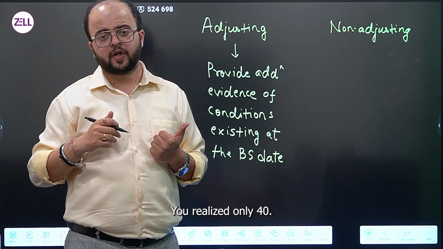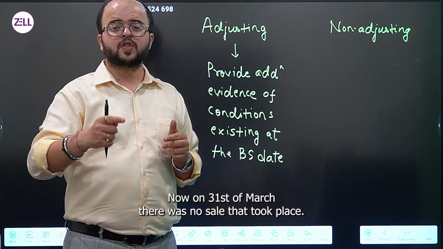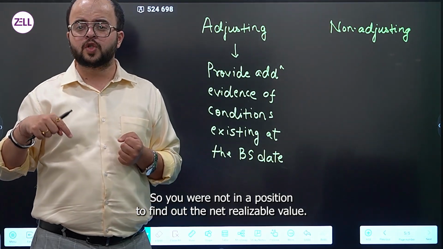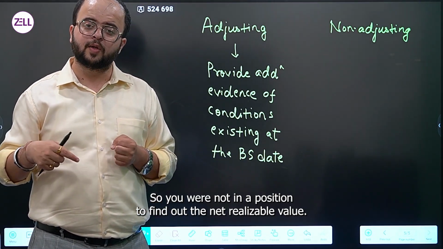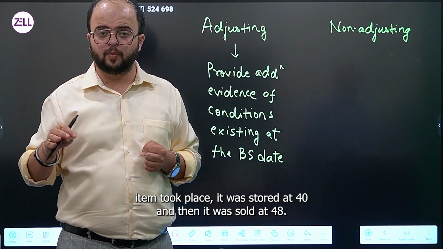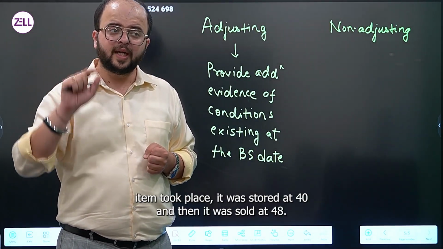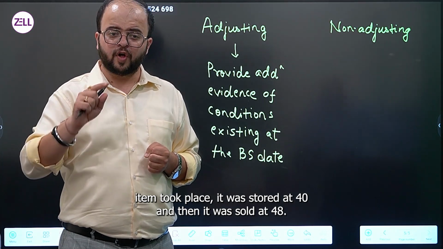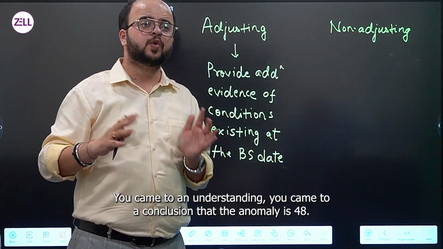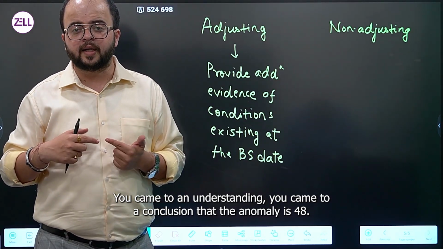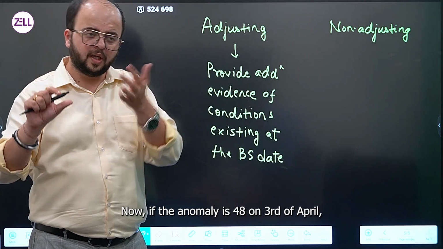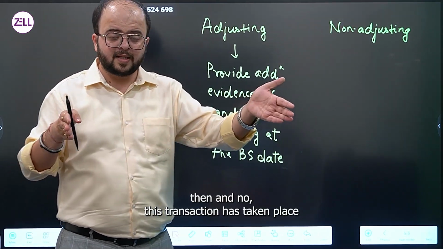You realized only 48. Now, on 31st of March, there was no sale that took place, so you were not in a position to find out the net realizable value. But after the balance sheet date, when the sale of this item took place, it was sold at 48. And when it was sold at 48, you came to a conclusion that the NRV is 48.